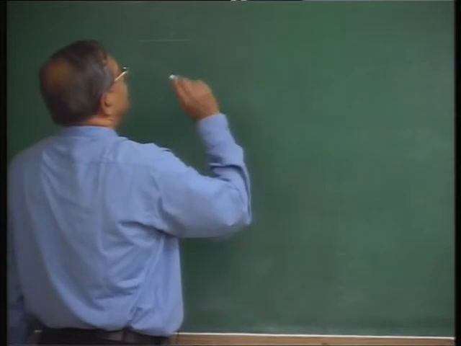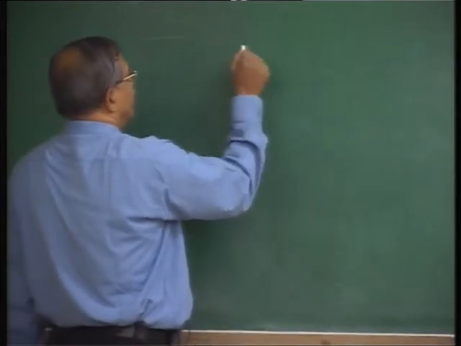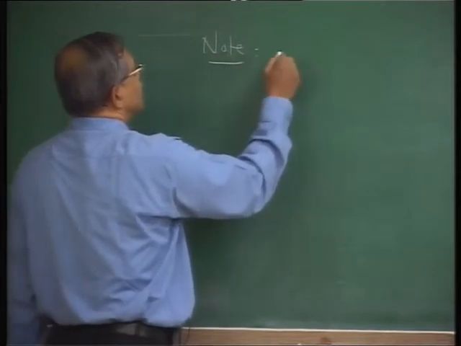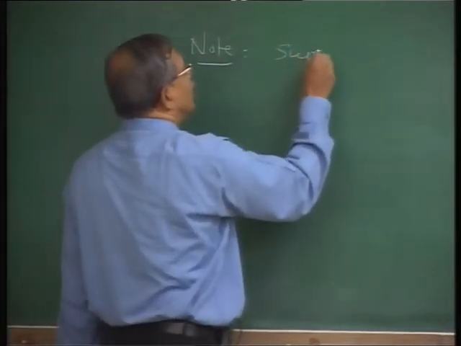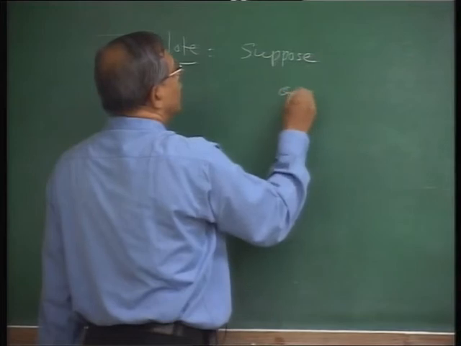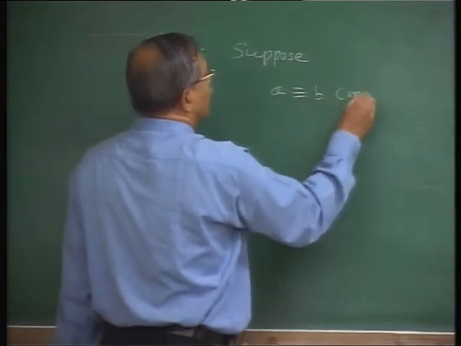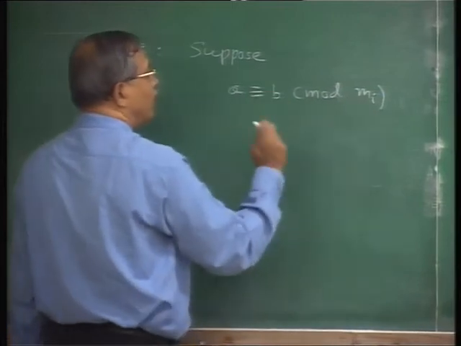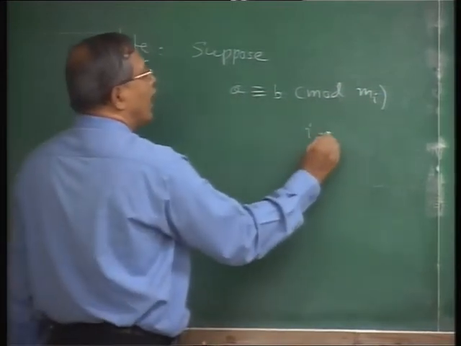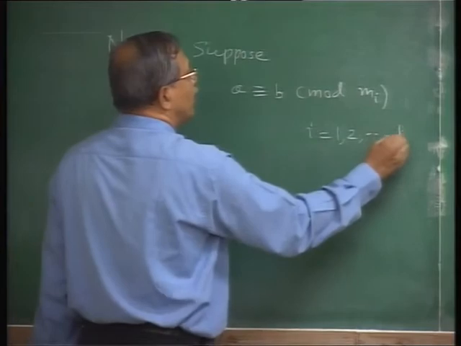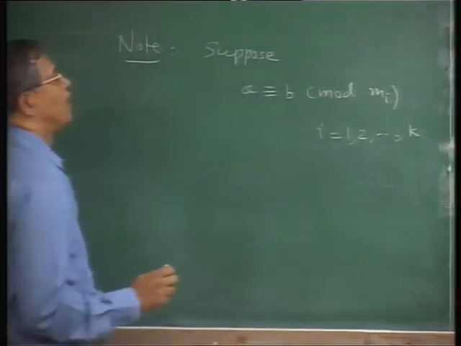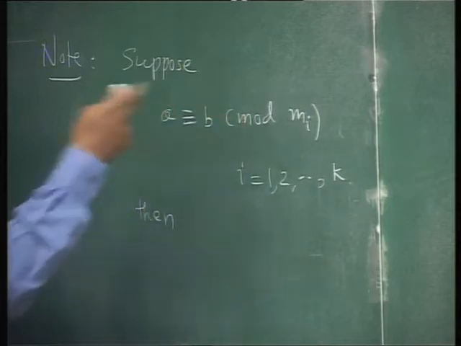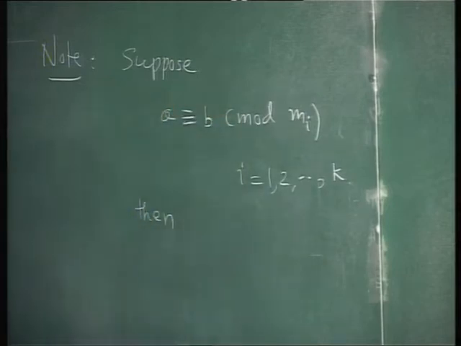Suppose we have a system like this. Suppose A congruent to B mod mi, where the mi are moduli, i equal to 1 up to k. These are k congruences.